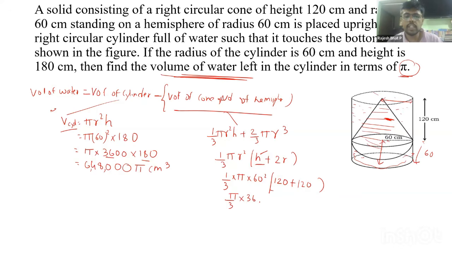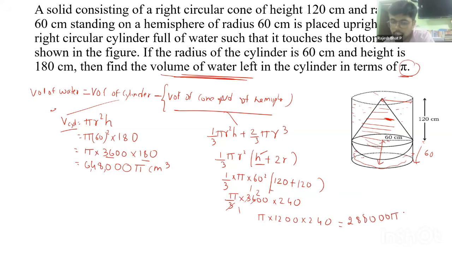60 square is 3600 into 120 plus 120, not multiply. So it becomes 240. So 3 cancel. 3 ones are 3, 1 and 3 twos are basically pi into 1200 into 240. Now when you simplify all this, what is the answer you get? I think you should get 288,000 pi centimeter cube. Okay.